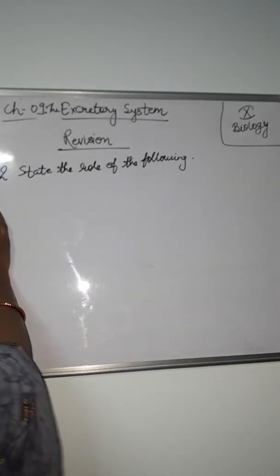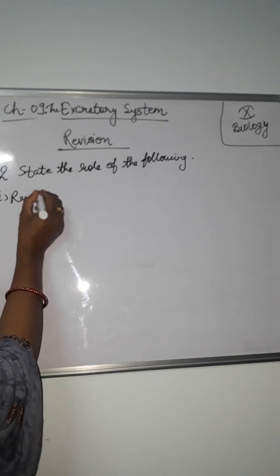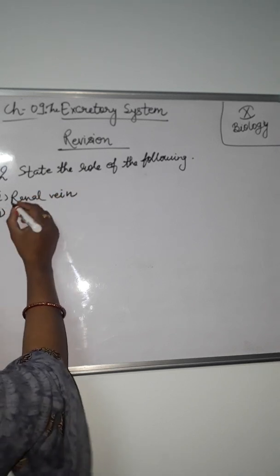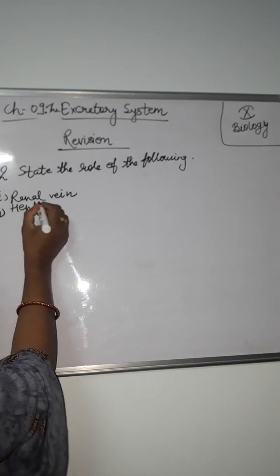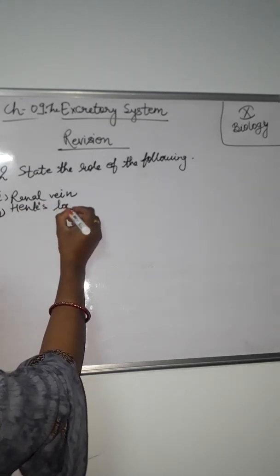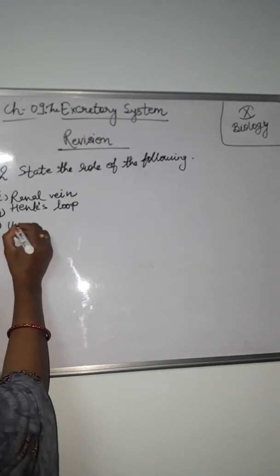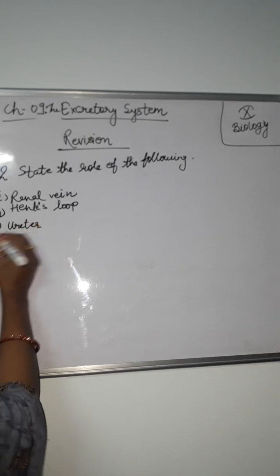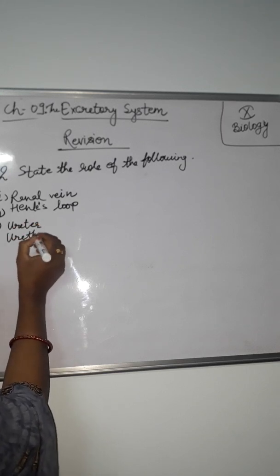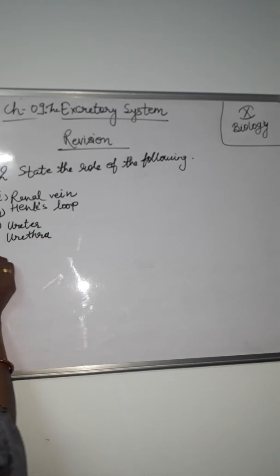Okay, first one is renal vein, second one Henle's loop, third one ureter, fourth one urethra, fifth one kidney.